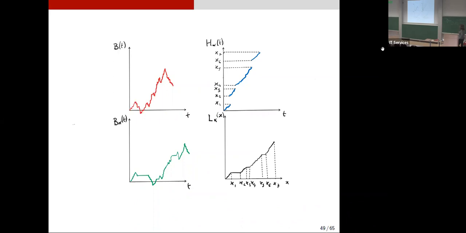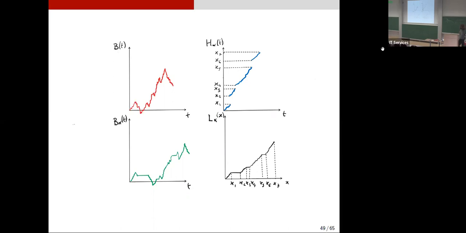So B_t is the standard Brownian motion. Here on the right, you have the plot of an example of a trajectory for the alpha stable subordinator for alpha in (0,1). As I said at the beginning, the alpha stable subordinator is a non-decreasing Lévy process, and since it is a stable law, it has positive jumps at some random instants.